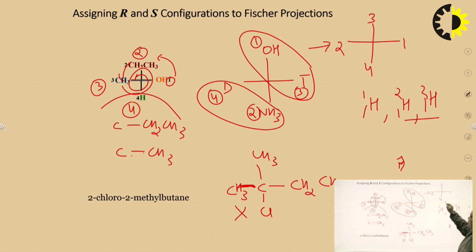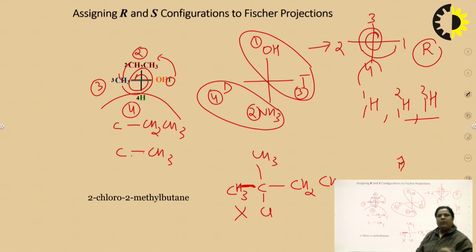Now number 4 is below the plane, so forget this. And then 1 to 2, 2 to 3. Now the rotation is clockwise, so this will be R. So what is the summary? If number 4 is either above or below the plane, leave it. But if it is in front of the viewer or rear to the viewer, then make 2 pairs and interchange the positions.